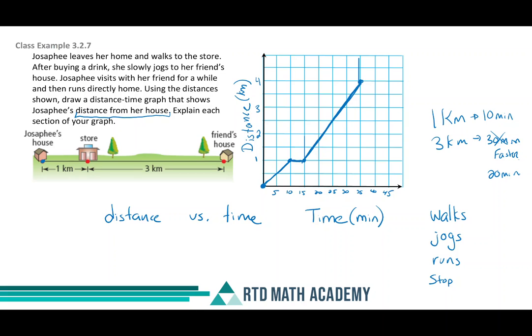Okay. The next thing I know, maybe just for the sake of my map right now, I'm going to say she's not going to stay at her friend's house for very long. She's only going to stay at her friend's house for about 5 minutes. Maybe she just wanted to come and say hi really quick. And then she's going to run home. And now she's running home. So she's got to go all the way back to her house. So she's got to go 4 kilometers. She can't go 4 kilometers in 40 minutes. That's too slow.